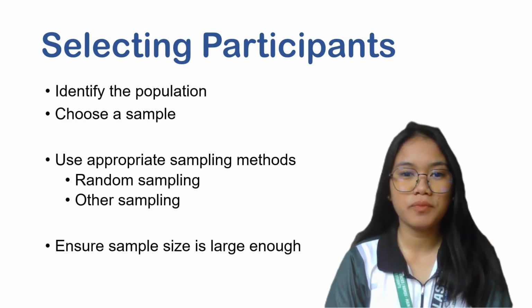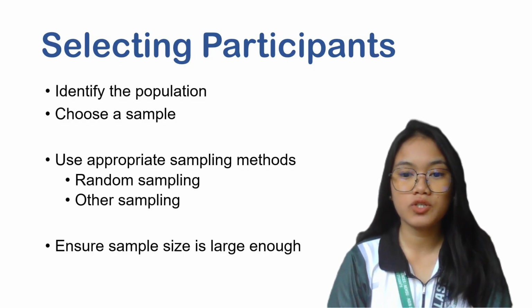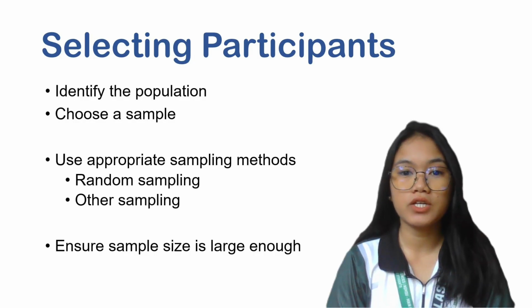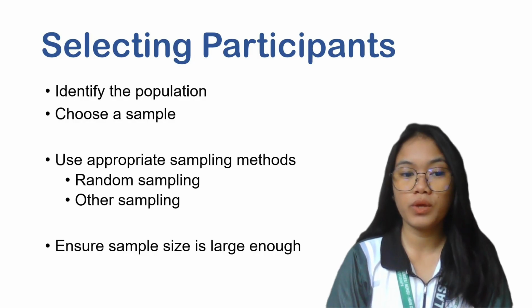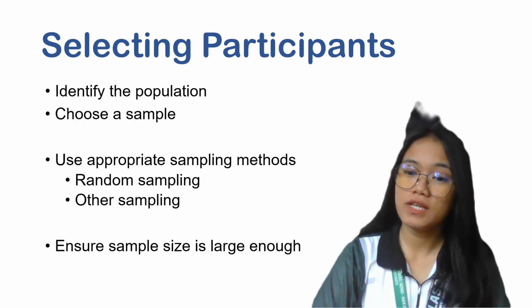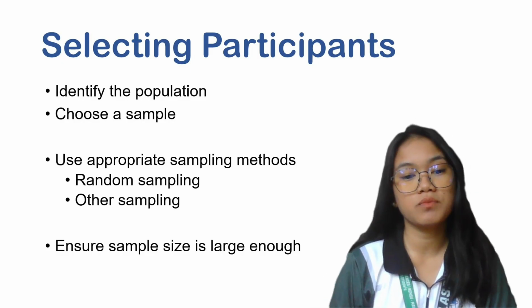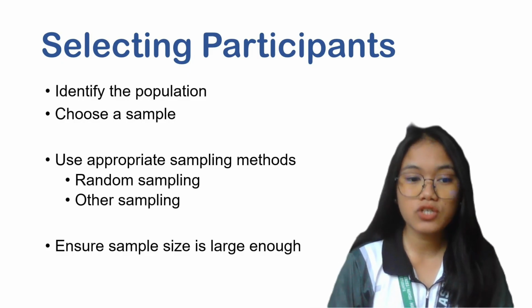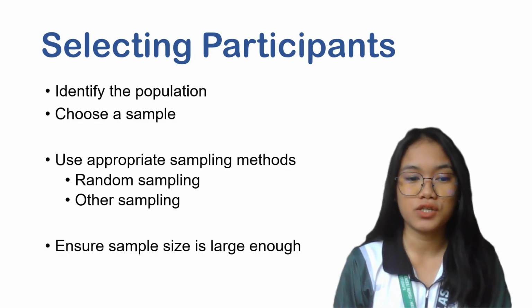First is selecting participants. The first step is choosing who will be included in the study. We start with a population, which is the larger group we want to understand. From this population, we select a smaller group called the sample, and these are the people who actually participate in the research.